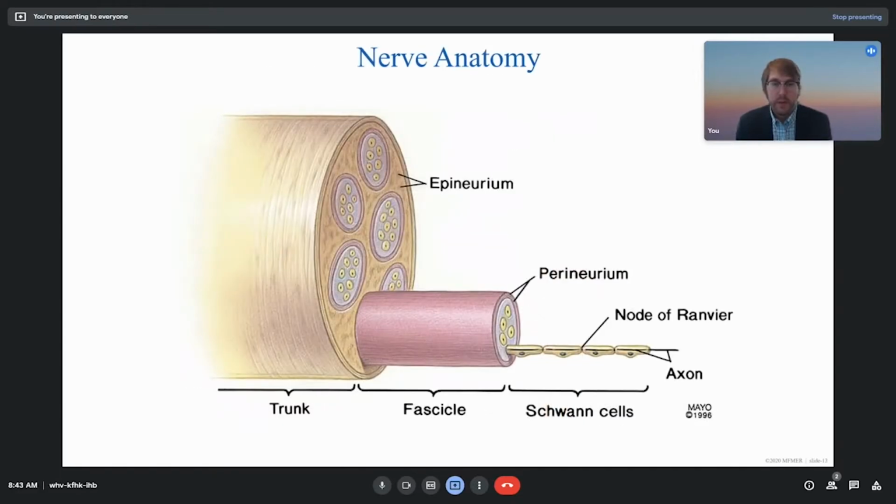And what do these nerve cells look like? Well, the nerves themselves, if you examine them microscopically, are composed of three areas. The nerve trunks are surrounded by epineurium, which is a layer of connective tissue that protects each nerve fascicle.